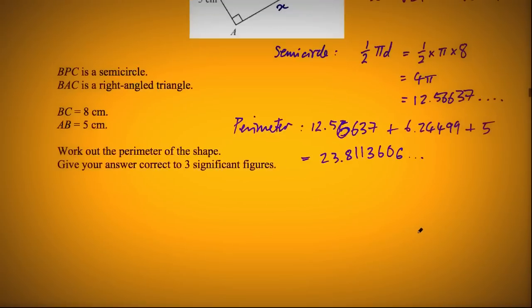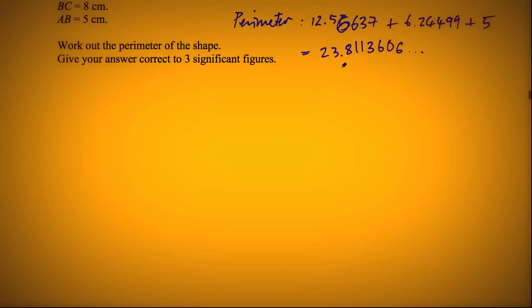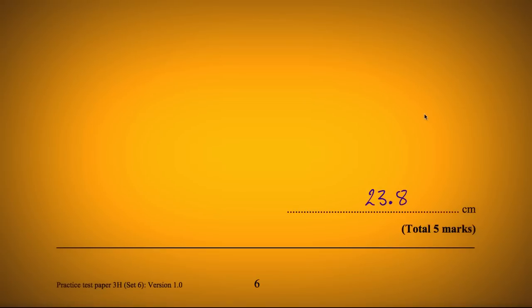So to 3 significant figures, I just look at the first 3 digits here, 2, 3.8. And I don't need to round up because it's a 1 afterwards, so 23.8 centimeters is the perimeter.